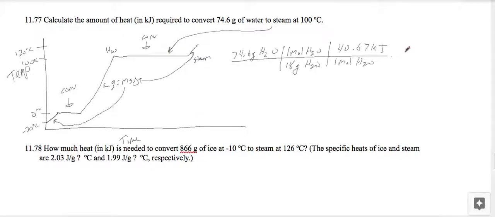I'm hoping that's correct because, like I said, I haven't done these yet. Let's go through 74.6 divided by 18 times 40.67 gets us 168.5 kilojoules of energy. All right, so now we can go on to something very similar.